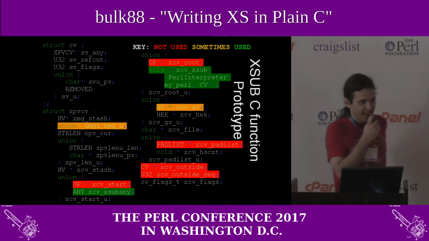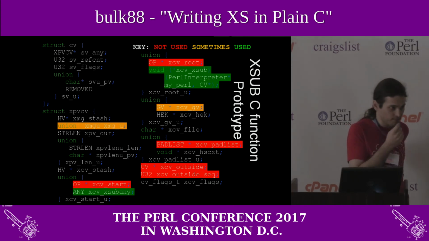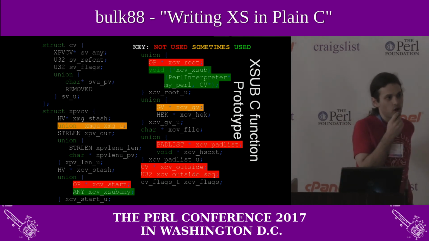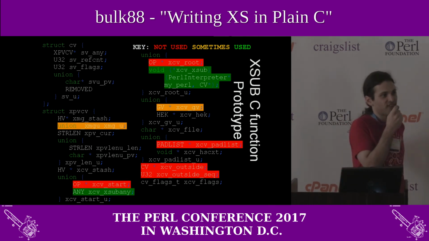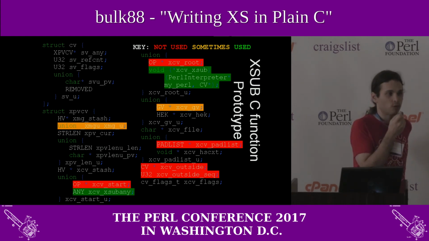The question is, can you look in the CV directly and extract the XSub C function pointer and call that directly? The answer is yes. There is a set of Perl macros called MULTICALL, which is faster than using call SV, and it attempts to look at the flags of the CV and determine if it's XSub based or whether it's pure Perl based, and it offers less overhead than call SV.